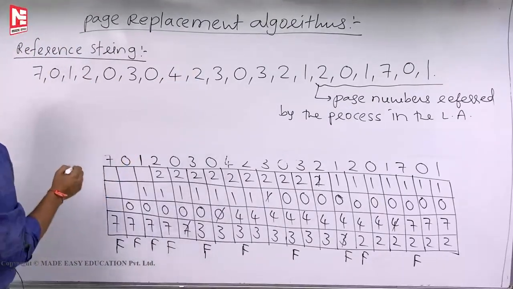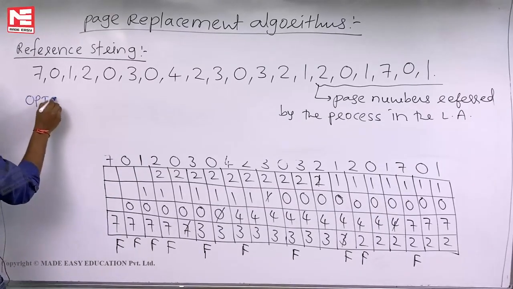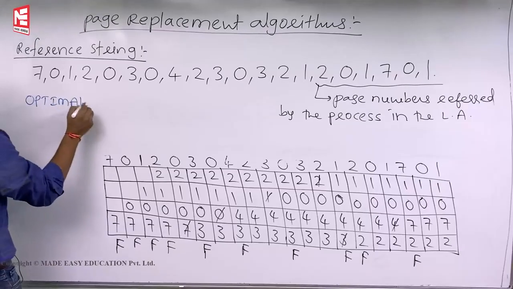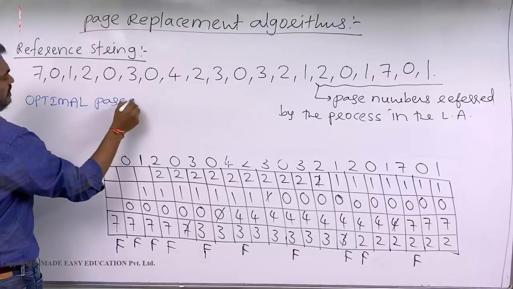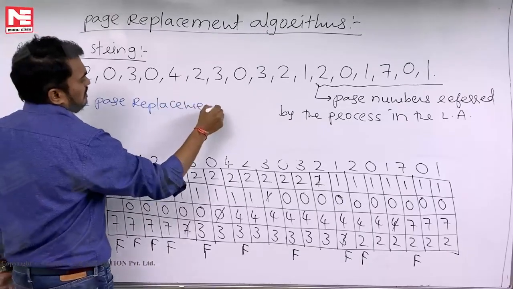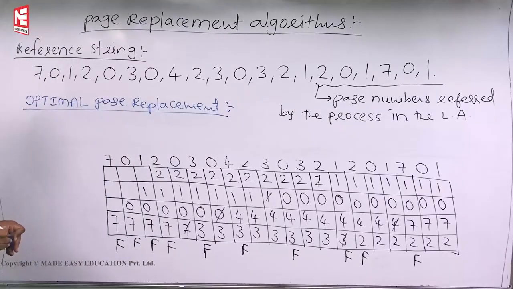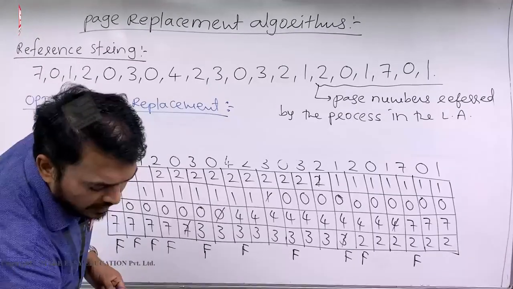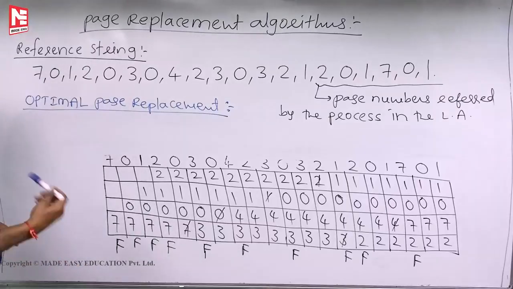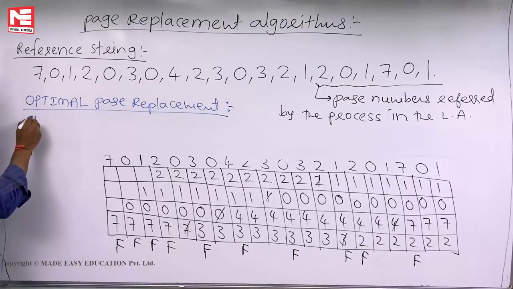Listen here. The next page replacement algorithm is optimal page replacement. Please copy carefully. Keep the heading optimal page replacement. What is the meaning of this?